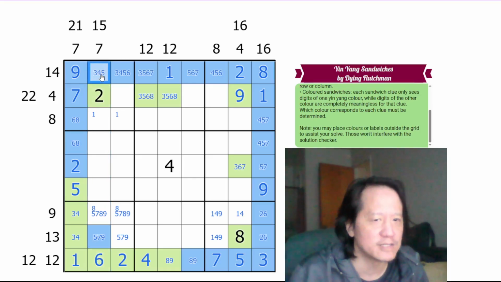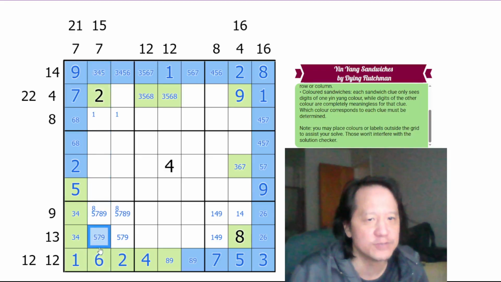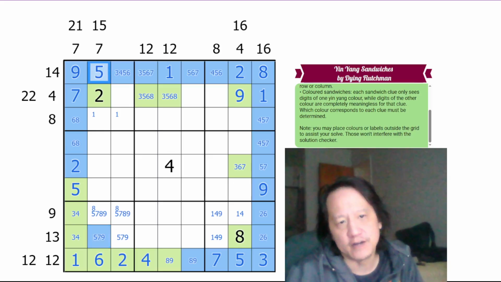So I think this has to be 5 then, if that's the case. Right? 2, 5, and 6 add up to 13 plus 10 is 23. 45 minus 23 is 22, which is what the 15 and 7 add up to. So this has to be 5. This is 5, and this is a 3, 6 pair here then, which makes this 7 and this a 4.